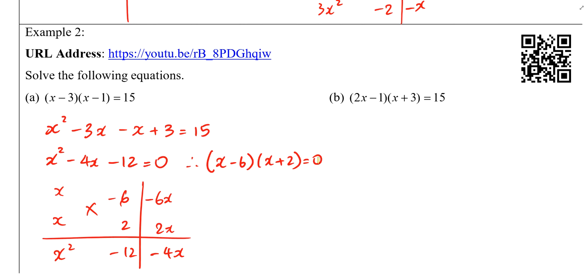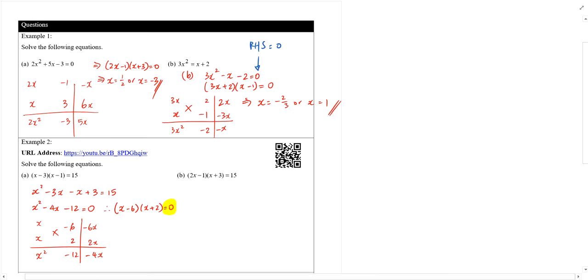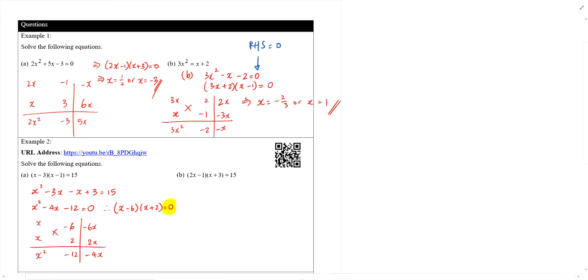Take note, I already see some of you not writing the equals 0. If you do not write equals to 0 and then move on to the next step, x equals to, you move on. If you write x equals to -2 or x equals to 6, I will penalize you if you leave out the equals 0.